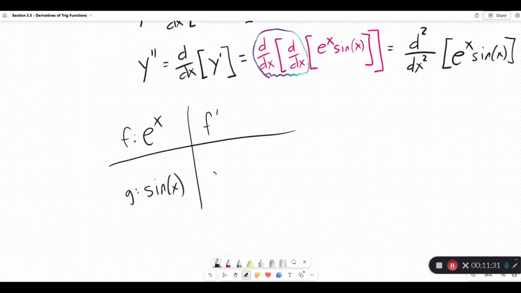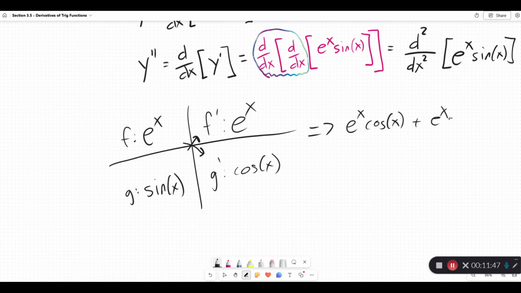Here's f prime, here's g prime. So the derivative of e to the x is e to the x. Derivative of sine is going to be cosine. So what does the product rule tell me? Multiply the pairs. It is going to be e to the x cosine x plus e to the x sine of x. Now, I might want to simplify this as e to the x times sine of x plus cosine of x.